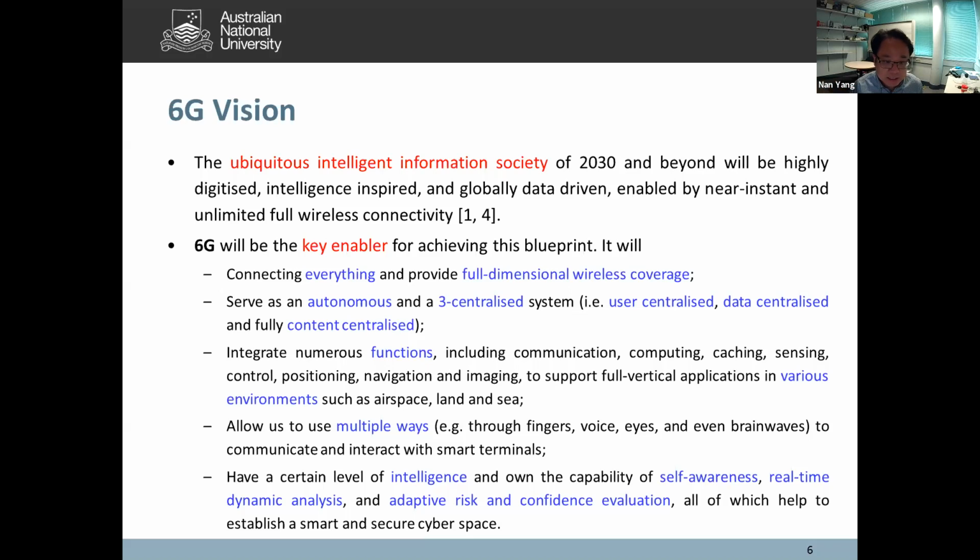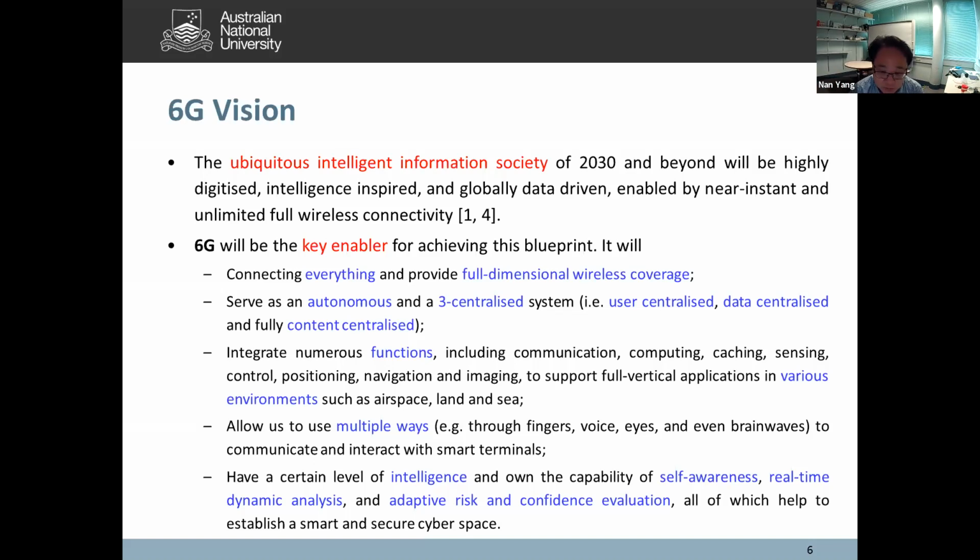At the same time, 6G would integrate different kinds of functions together, such as communication, computing, caching, sensing, control, positioning, navigation, imaging. And this integration will help us support full vertical applications in different environments.